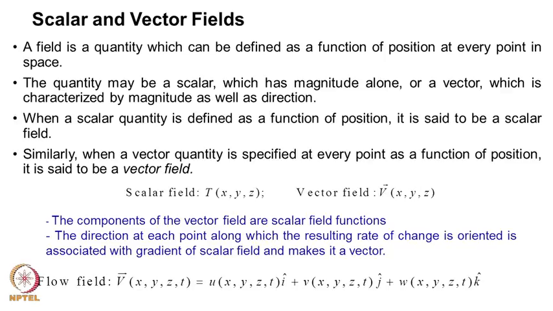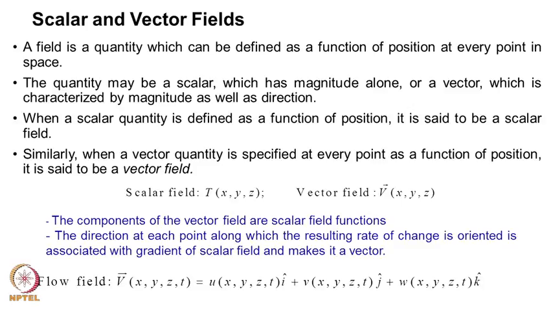Though it is defined as a scalar field, it keeps on changing. Even if you take only the velocity component, as it keeps on changing in the x direction, for example, the direction along which the change happens results in a vector. So, for a flow field, the velocity vector v is a function of the spatial coordinates x, y, z, and also of time.